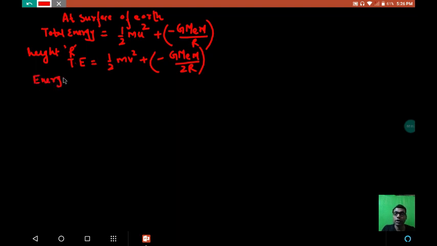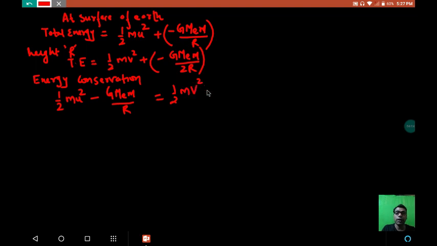By energy conservation, what we know is that energy can neither be created nor destroyed. It means the total energy will remain the same. So initially, on the surface of the earth, the energy is half m u square minus g m e m over r, and that should be equal to half m v square minus g m e m over 2r. This is the equation we found from energy conservation.